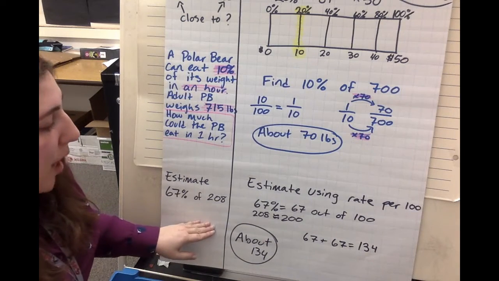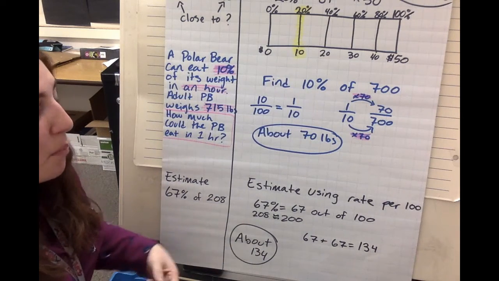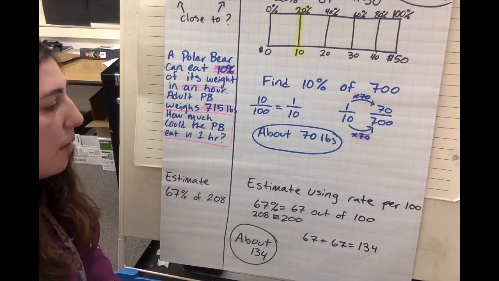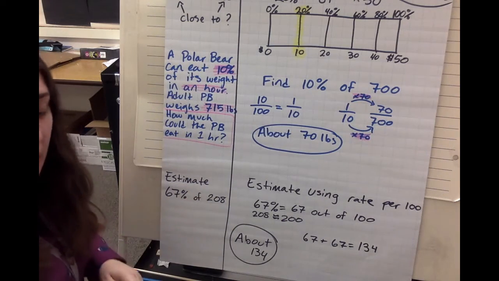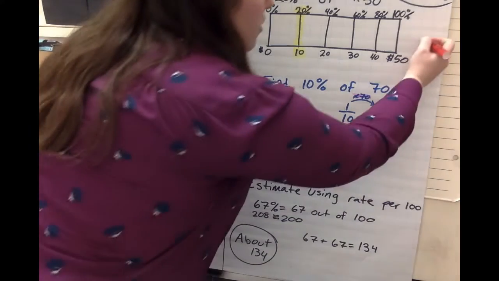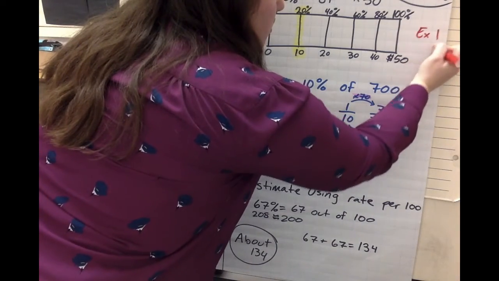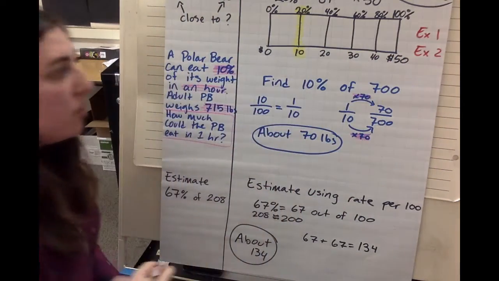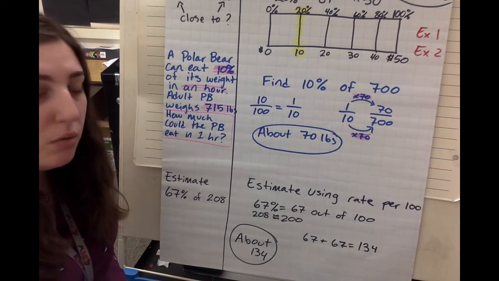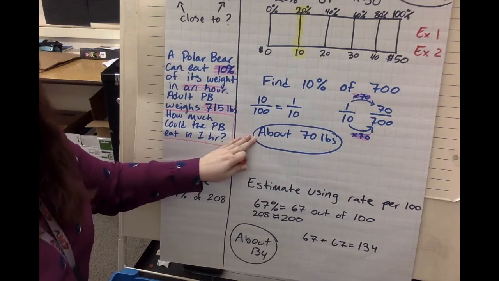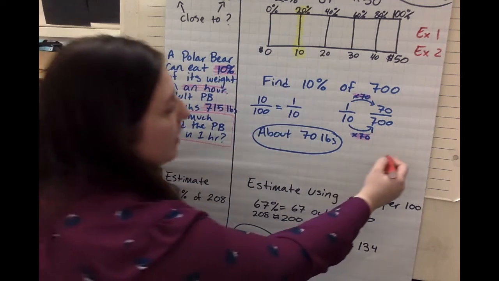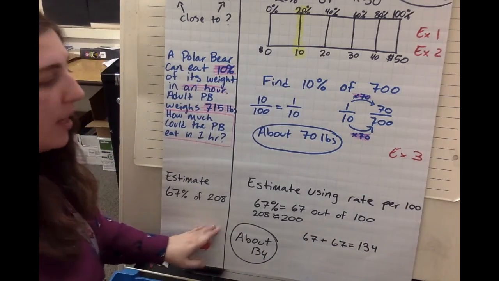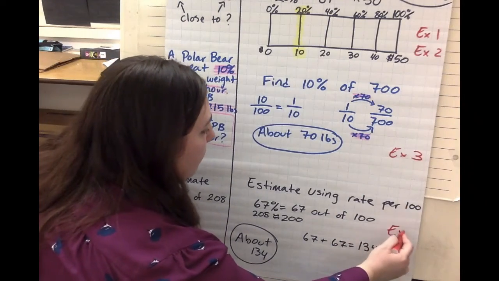And for this last strategy, we used the rate per 100 strategy to find the percentage of a number. If you want more examples in the textbook, you can find this one, this strategy, for examples 1 and 2. This strategy right here you'll find in the textbook under example 3. And this strategy right here is from example 4.